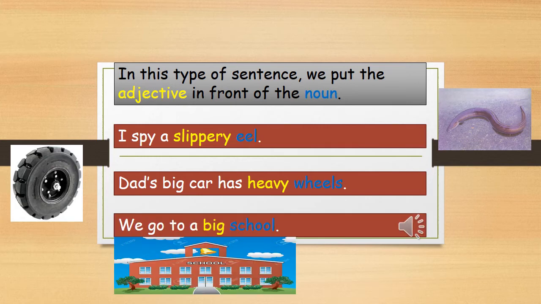Our last sentence for this type is, we go to a big school. Okay, the adjective of size, big, is telling me about our school, which is a place. These are very easy sentences, so you should be able to read them no problem.